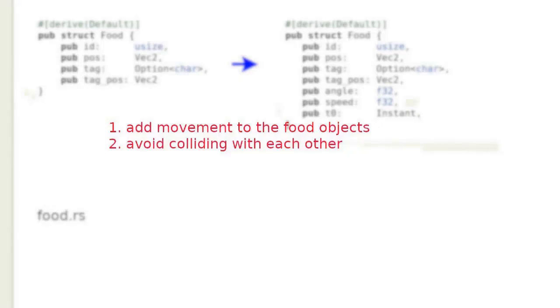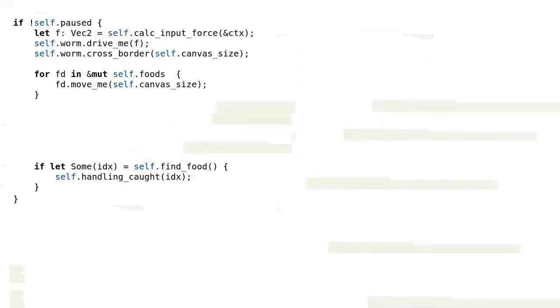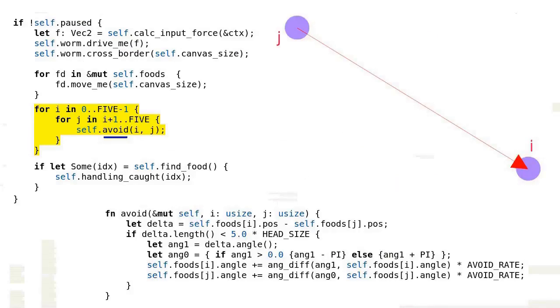Let's move on to the second topic. This is the code controlling the behaviors of the worm and the foods. We have implemented a function to make the foods avoid each other. This function takes two integers, i and j, as the indices of two food objects. It calculates the distance between the two food objects and triggers an avoiding response if the distance is smaller than a certain value.